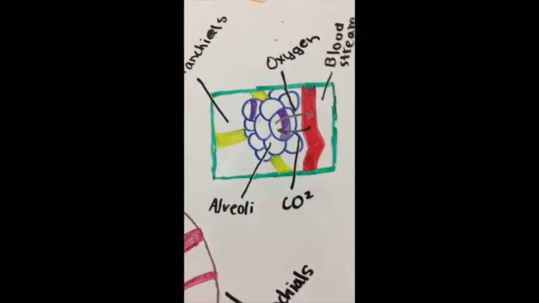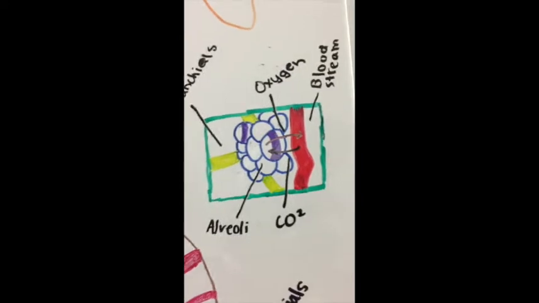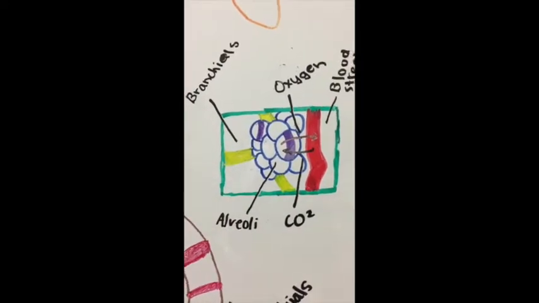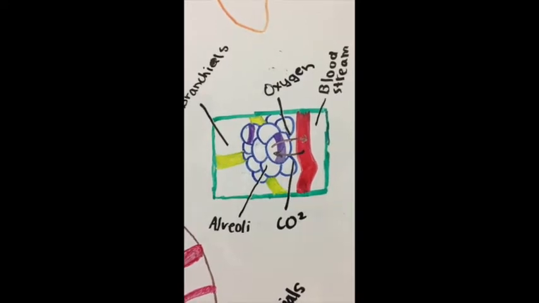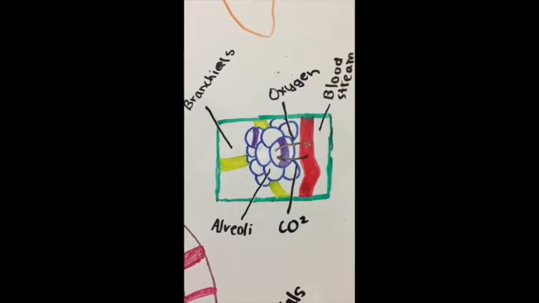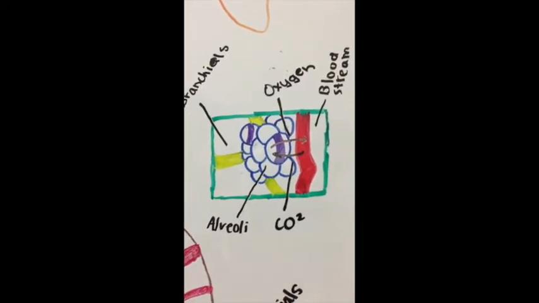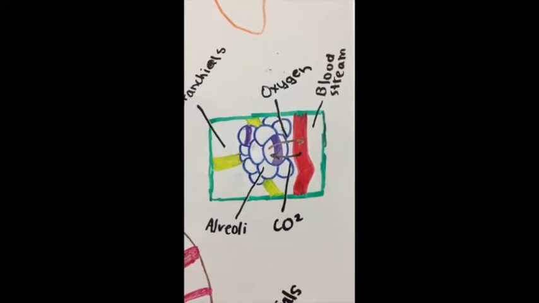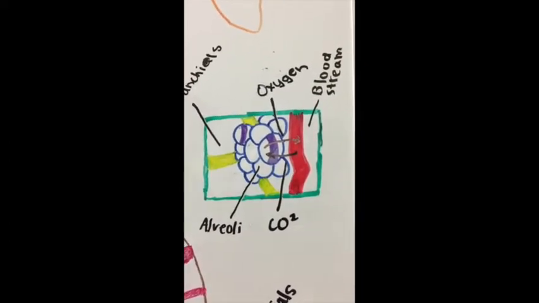And here, this red stripe is the bloodstream, and the alveoli are responsible for exporting the oxygen that you have just breathed in into the bloodstream, and then taking the waste from the cells, which is currently in the bloodstream.